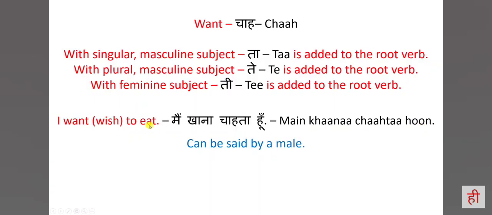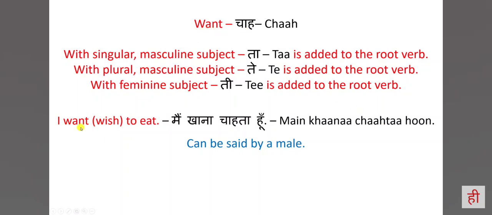Kha is the root verb eat. Na is added to it to make it an infinitive. Na represents to. To eat is khana. Chah is want.